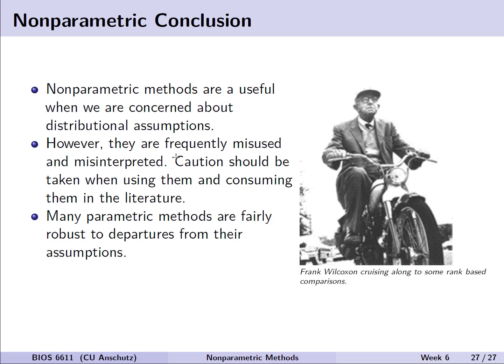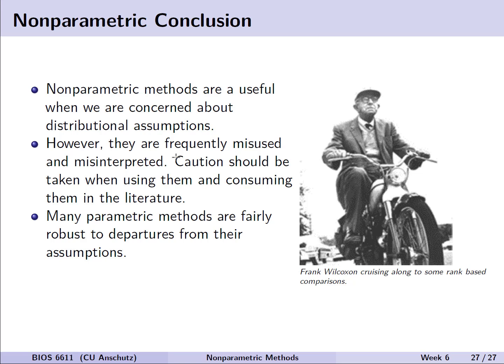So, just a brief conclusion about the nonparametric methods that we've discussed this week. One, nonparametric methods are a useful tool when we are concerned about distributional assumptions. However, they are frequently misused and misinterpreted, especially as a test of medians without evaluating the appropriate assumptions for things like the Wilcoxon rank sum test.